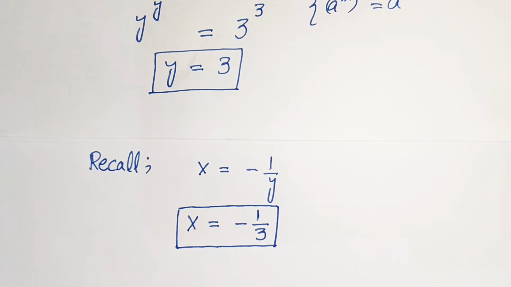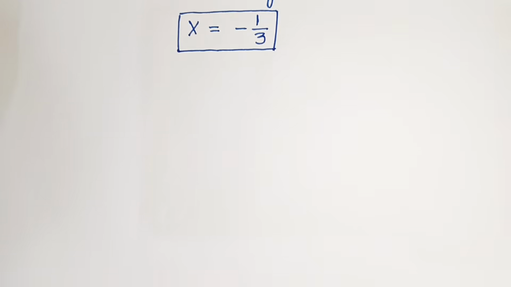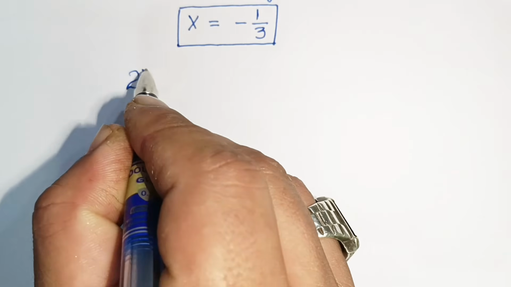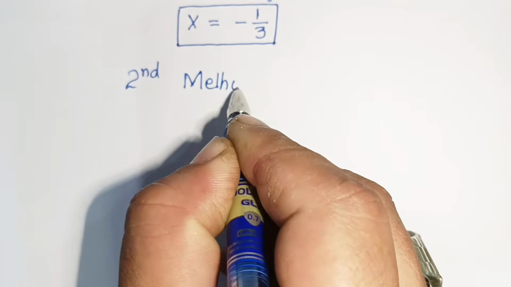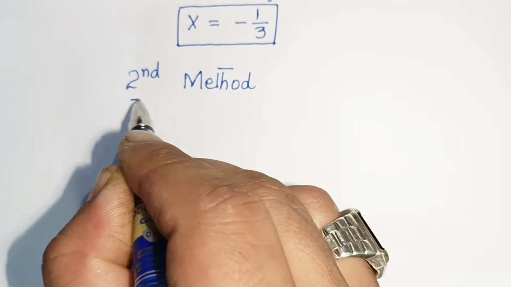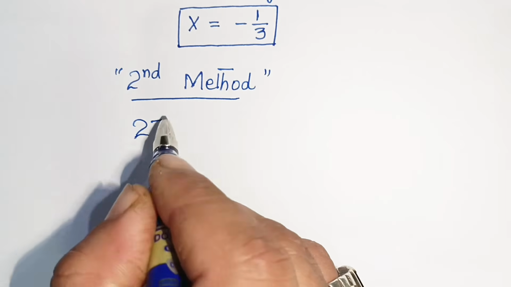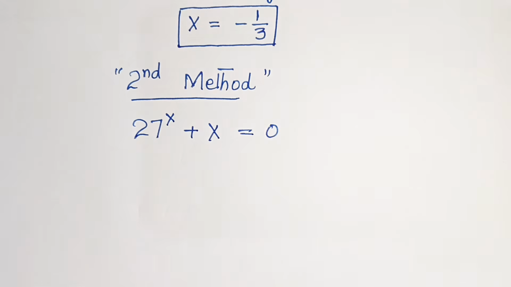Now we are going to solve the same problem by method number 2. Here we have our second method. According to method number 2, first of all we have to write our problem, that is 27 to the power x plus x is equal to 0.